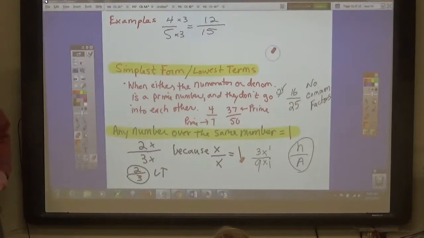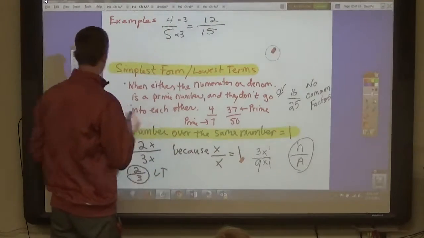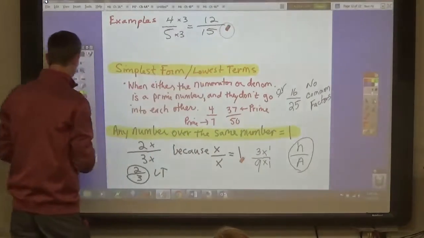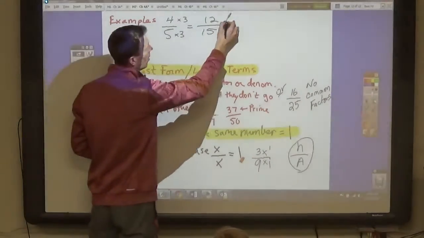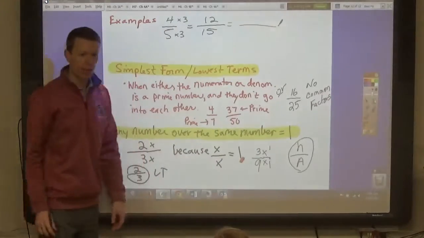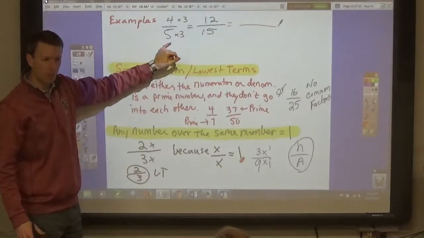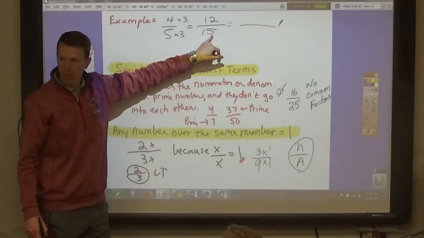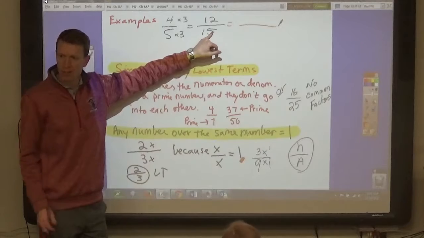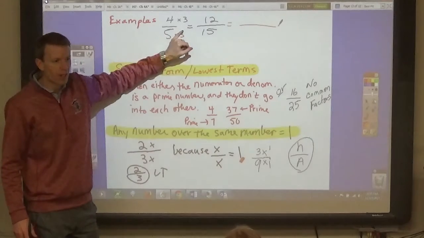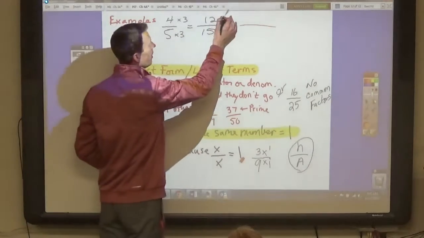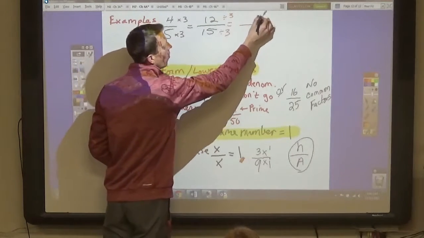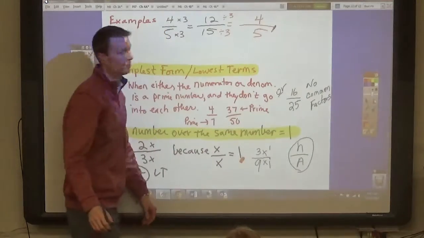And so, if you were given 12/15, what you would need to do is work the other way. Instead of leaving it as 12/15, we'd have to put it into the smallest numbers possible. And so, we'd have to use a common factor to reduce it. What's the common factor? 3. So if we divided both by 3, we get 4/5, right?